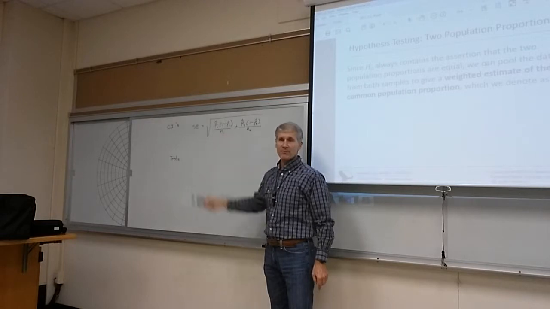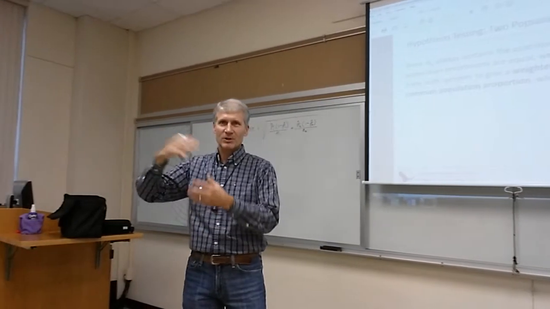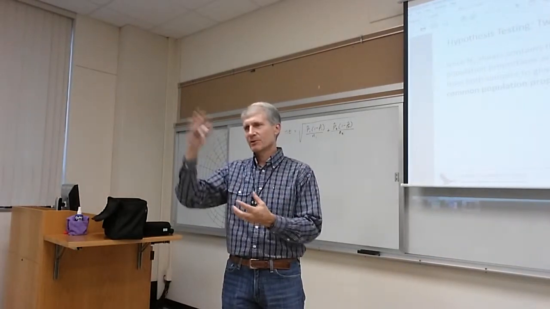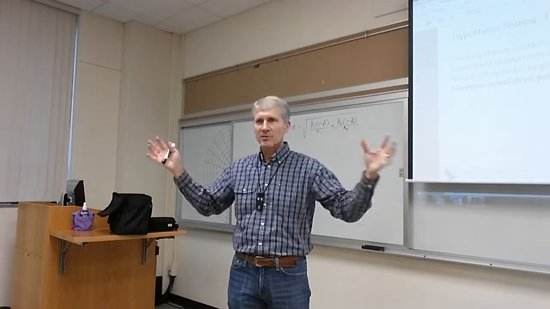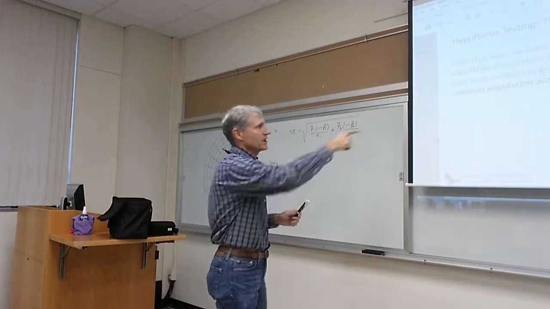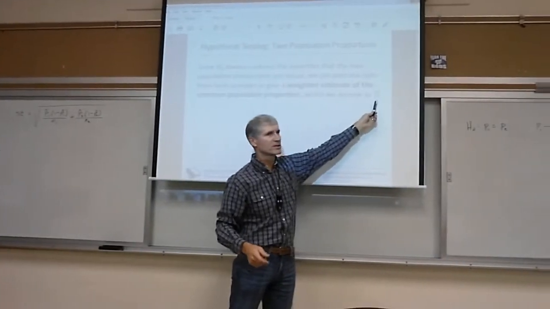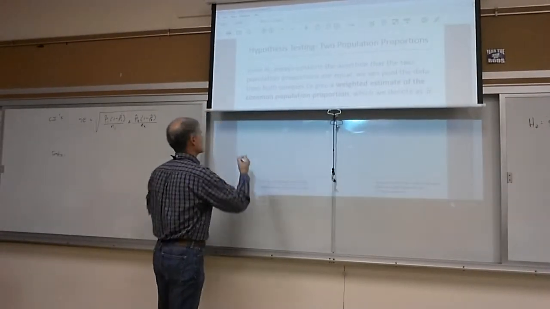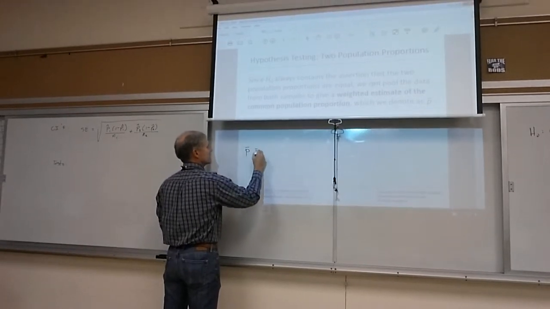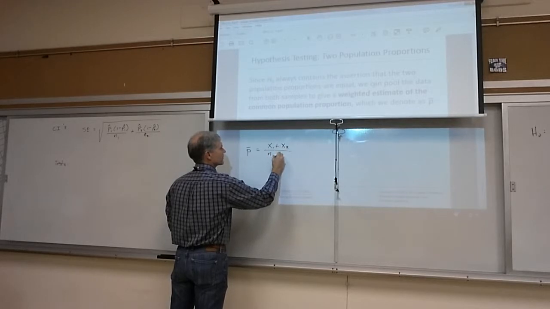And if they're the same, your best estimate is to ignore the grouping variable, like your population. If you have males and females or whatever it is, pool them together. So this P bar, they call the common population proportion, or pooled estimate. So P bar is x1 plus x2 over n1 plus n2.